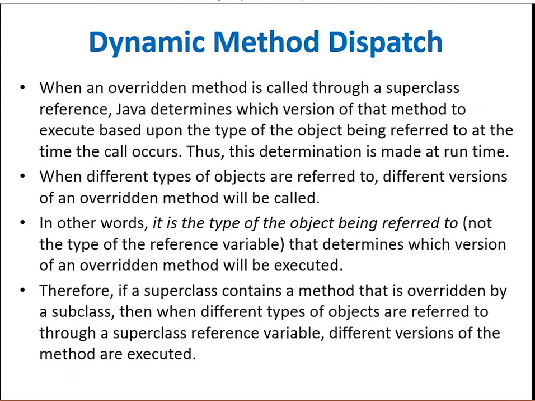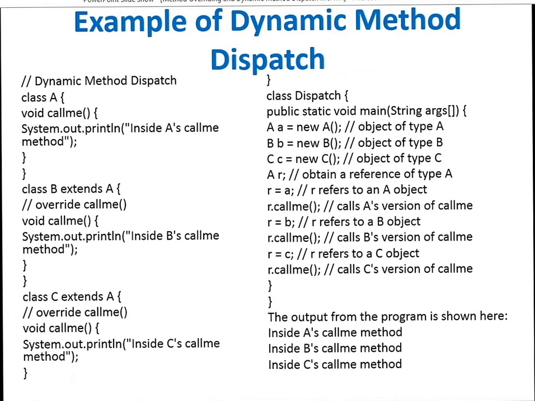Therefore, if a superclass contains a method that is overridden by a subclass, then when different types of objects are referred to through a superclass reference variable, different versions of the method are executed.